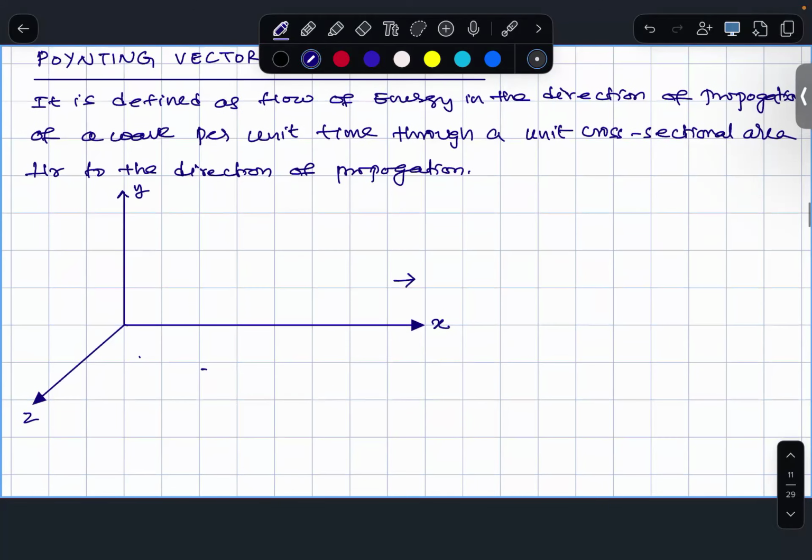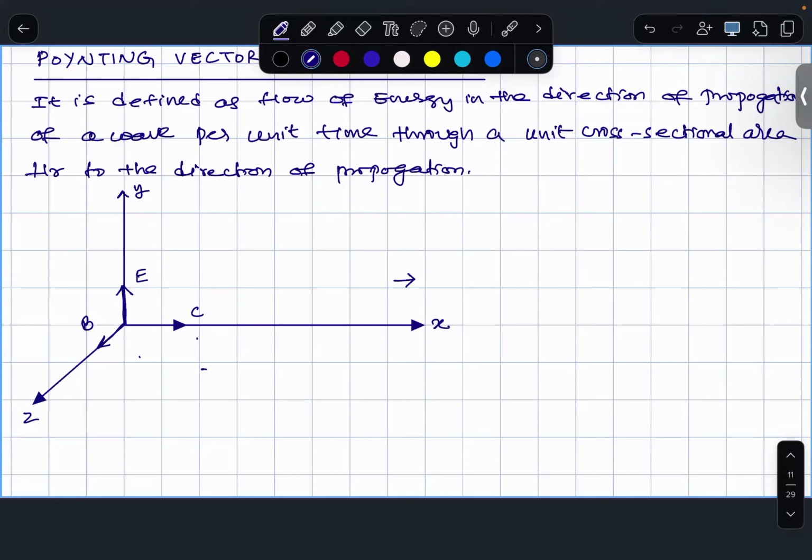So when light is propagating along the x-axis, I am assuming this is the electric field vector at an instant and a magnetic field vector at that point at an instant. And this keeps on moving. That's what I demonstrated yesterday.